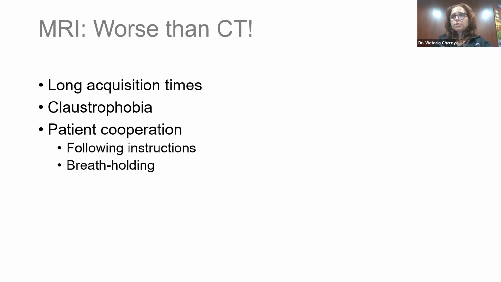That's a very, very important point. Maybe not so important for extremities and brain, but following instructions and holding still is important for any MRI. Little kids may not be able to do that easily. Patients who are demented, or who have acute changes in mental status, may not be able to do that.